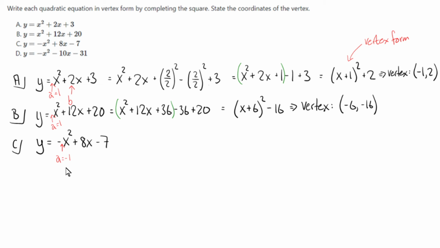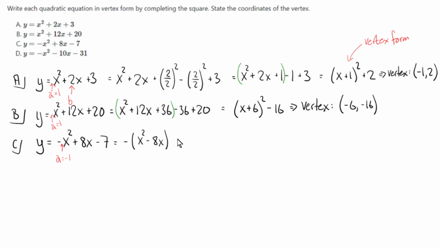factor out that -1 from the first two terms in this trinomial. So the way that's going to look is that I'm factoring out a -1 or just a minus sign. And then in brackets, I'm going to put what's remaining of those first two terms, which is simply x squared minus 8x.